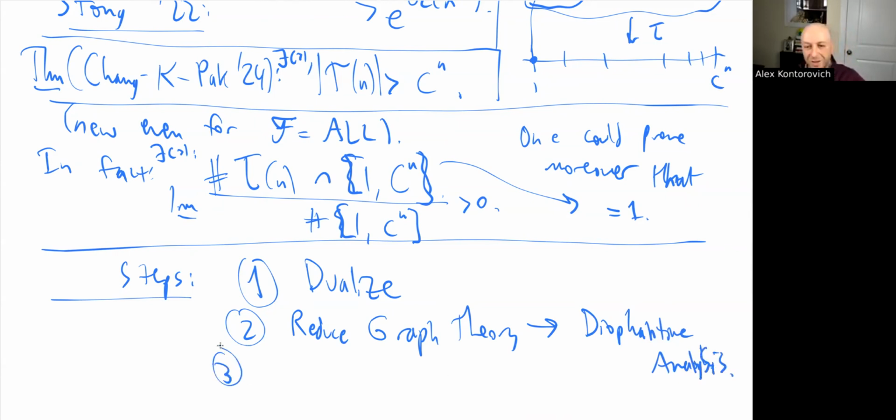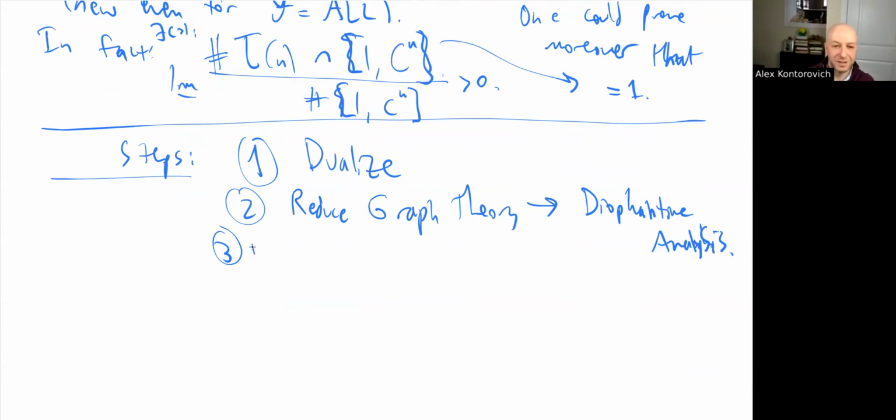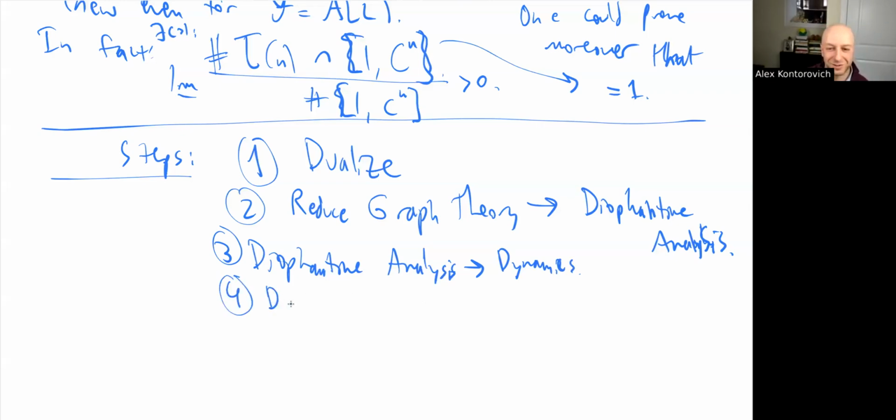Step 3 is to reduce Diophantine analysis to a problem in dynamics, I guess one could say. And then eventually just do the dynamics. Okay, so that's the rough outline.